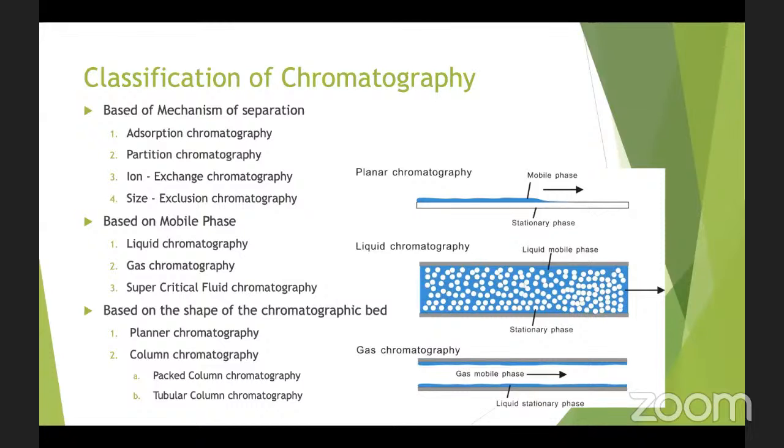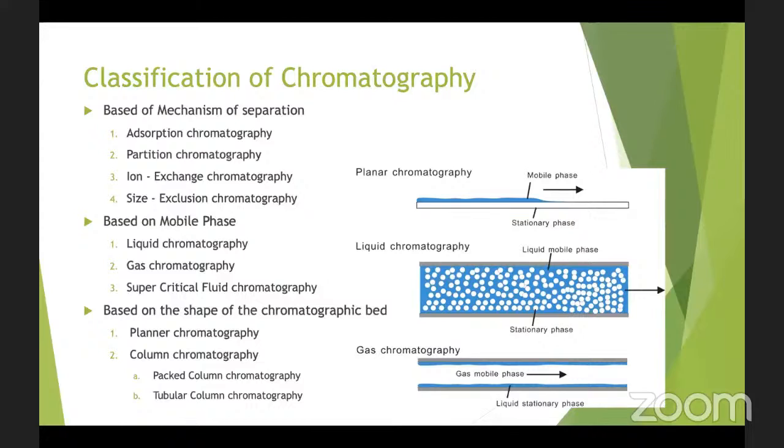The second one is column chromatography. In column chromatography, the stationary phase is packed or filled in a column. For example, ion exchange chromatography, high performance liquid chromatography, hydrophilic or hydrophobic interaction chromatography, affinity chromatography, and so on.